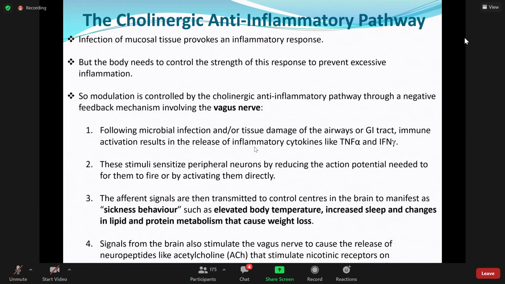So the signals coming from the vagus nerve can affect the various physiological responses in the body to help control the infection during this ongoing immune response.